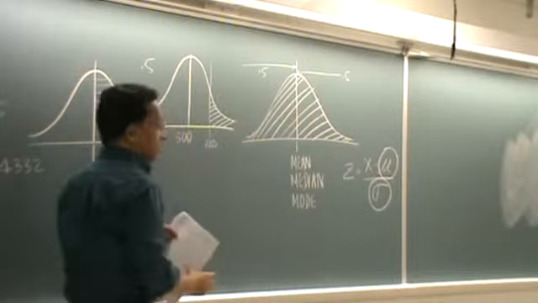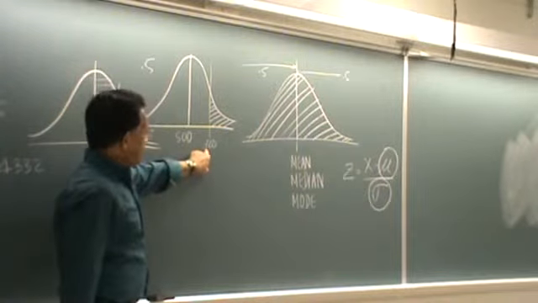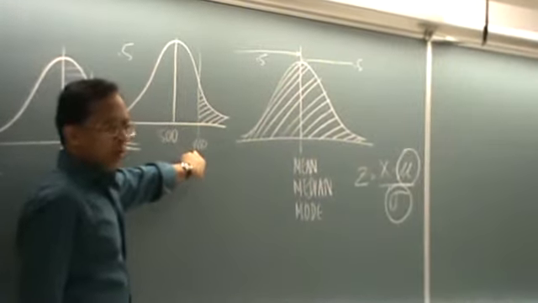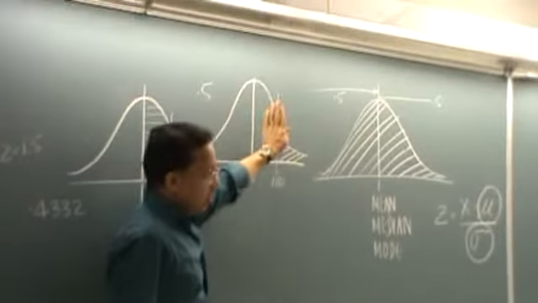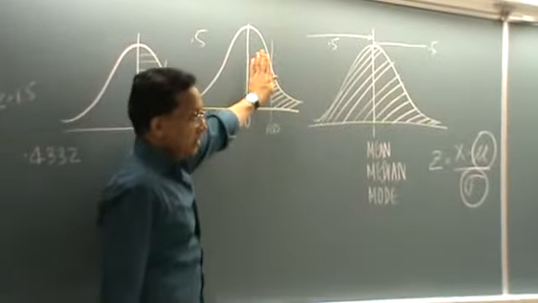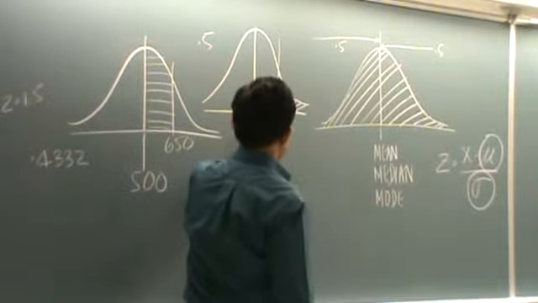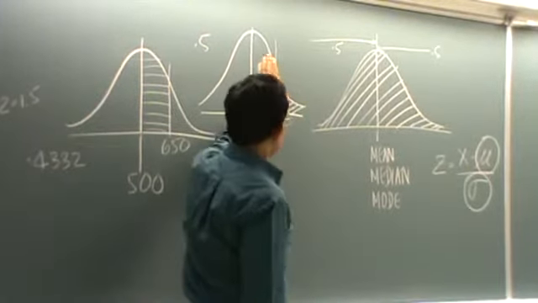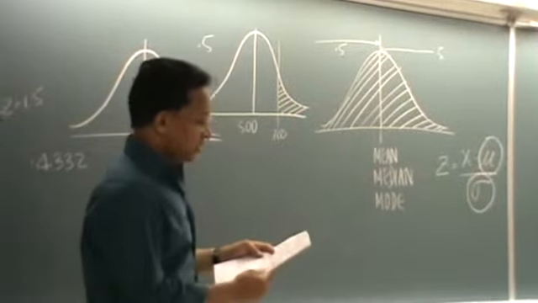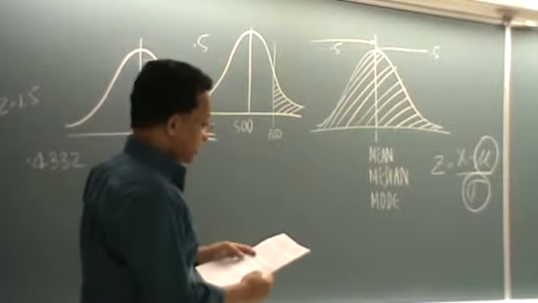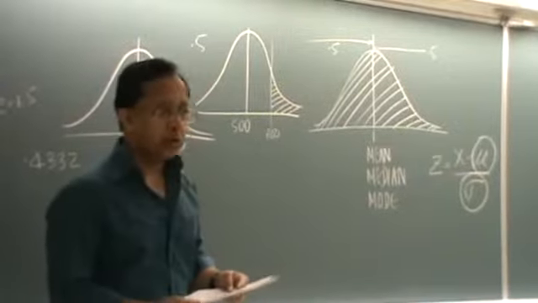Now, if we calculate the z-score for 700, what do we get? All these things we are calculating give us the area from the mean to that point. So the z-score for 700 is z equals 2.